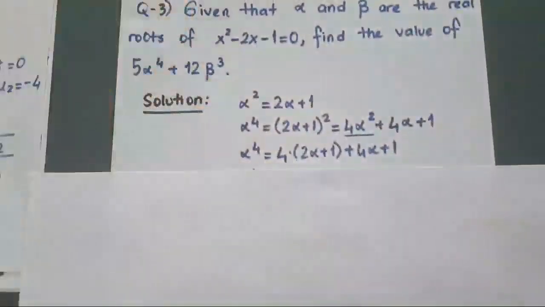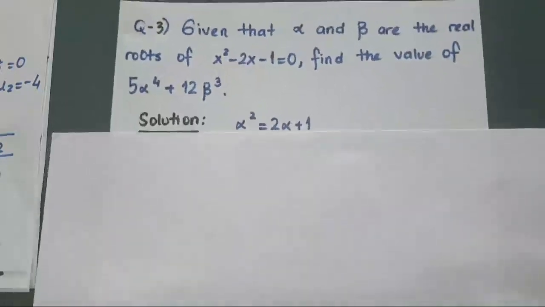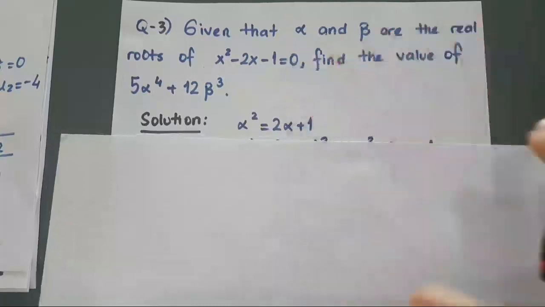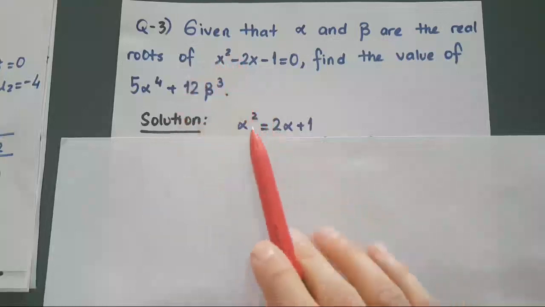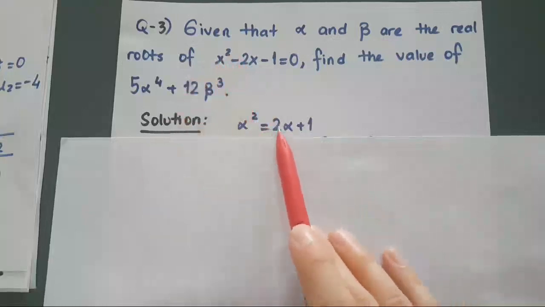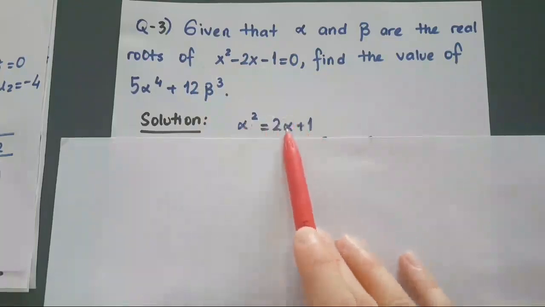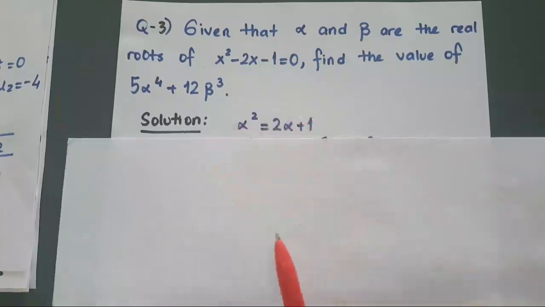Okay, first we said that if alpha and beta are the roots of the equation, they have to satisfy the equation, right? When I substitute alpha here in the equation, I got alpha squared is equal to 2 alpha plus 1.